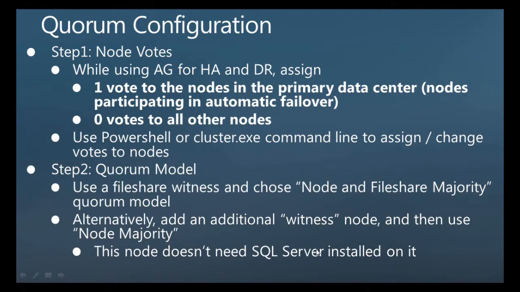So just to clarify, the file share witness doesn't need any SQL Server installed on it. It could be any server, just a machine that hosts the file share, which is visible to all the other nodes in the cluster.